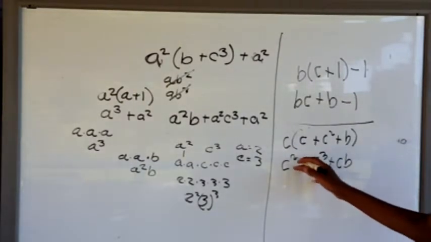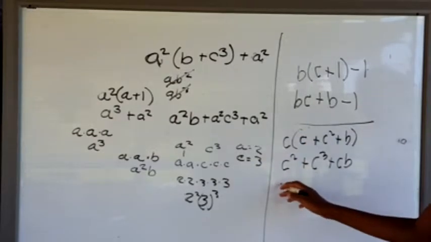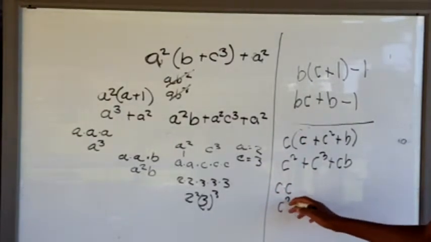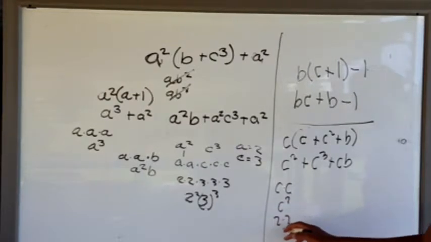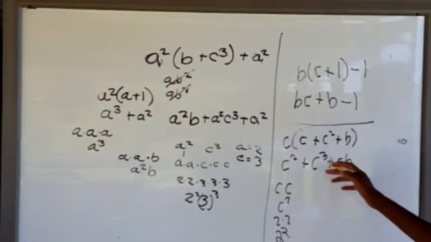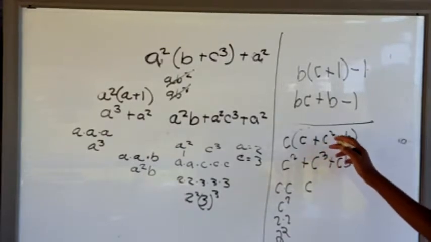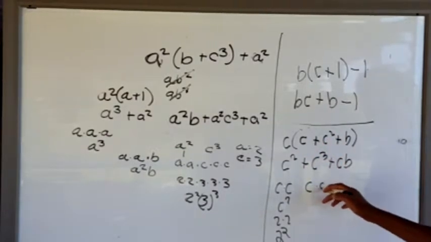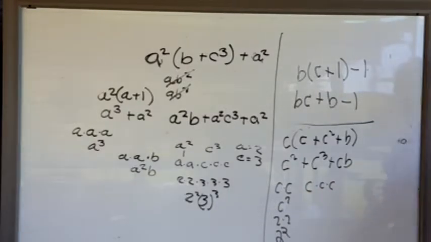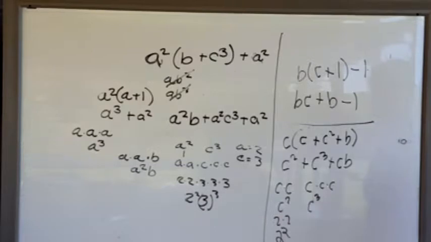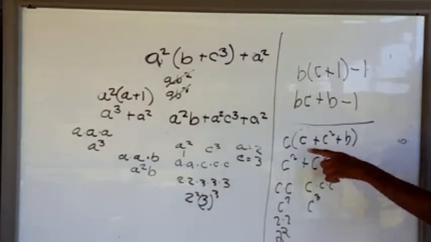The reason this becomes cubed, you add the exponents, is because if you're doing something times itself, c times c, that's c squared. Just like 2 times 2 is 2 squared. So if we have c times c squared, which we know is c times c, that would be c times 2 more c's. So we have it times itself 3 times, then that's to the third power. And then of course, that's just cb.